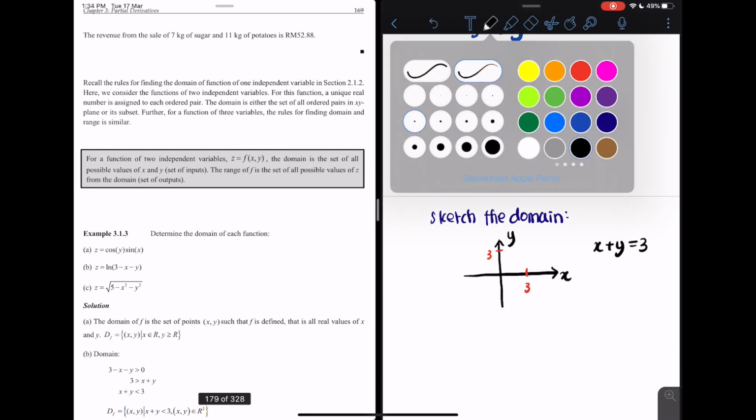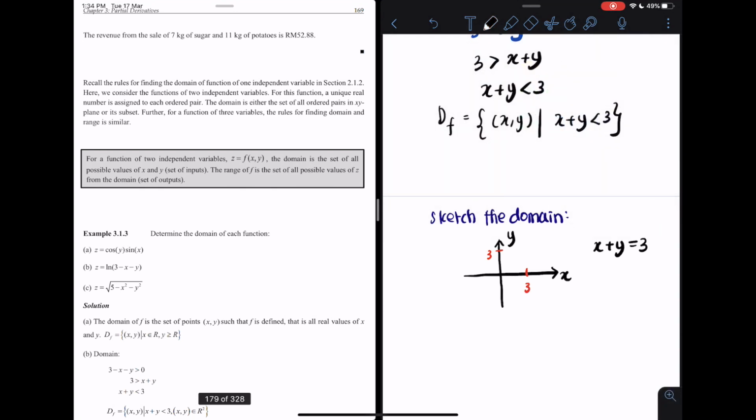Since we have the inequality less than, not equal to, there is no equal sign in this inequality, so I am going to use a dashed line instead. It should give the idea to the audience that you will not consider any points that lie on the line. You just consider values of x and y which are always less than 3.